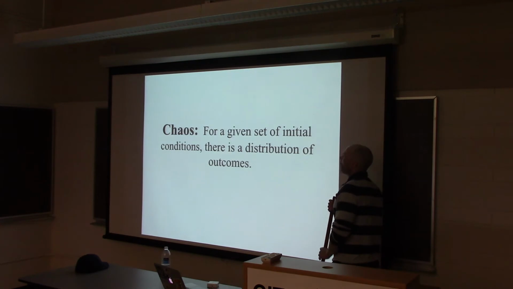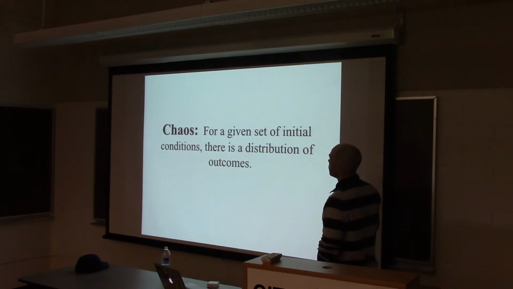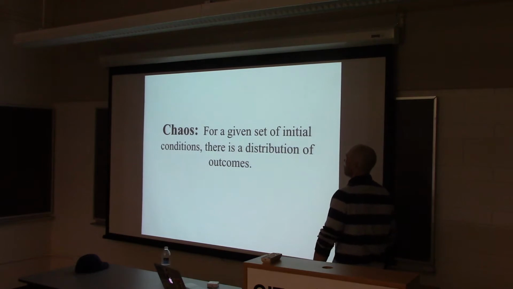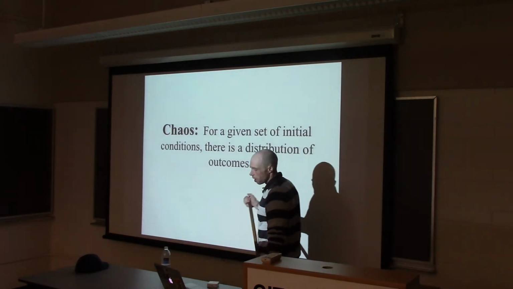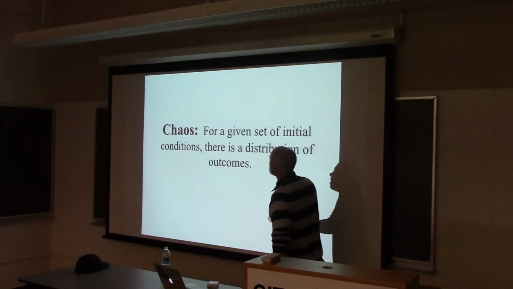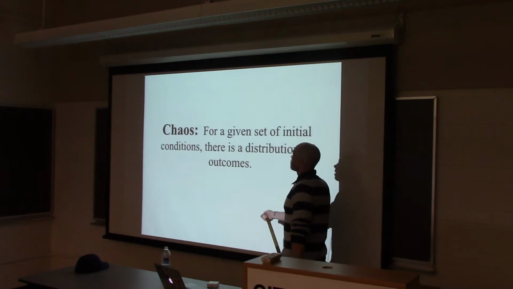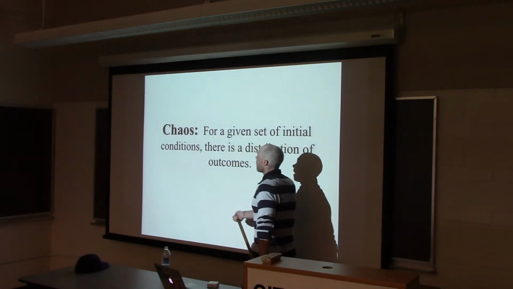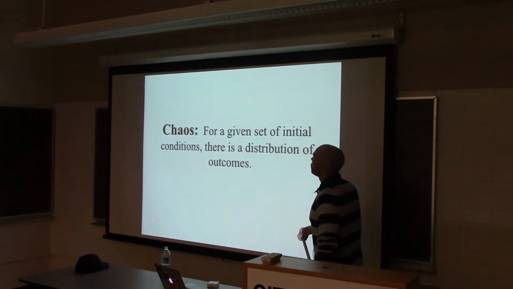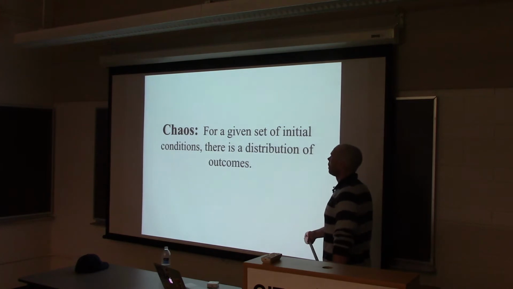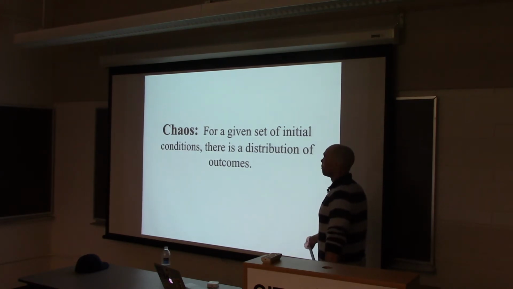Okay, so the takeaway from this is that for a given set of initial conditions, for a truly chaotic system, there is a distribution of outcomes. And you might ask, why is this an issue in astrophysics? The basic point is that in astrophysics, we often have to run one very computationally expensive simulation, with particle numbers of the order of millions or more.